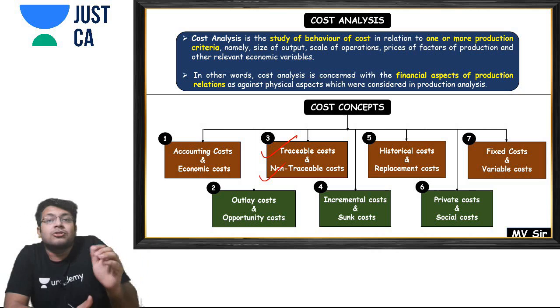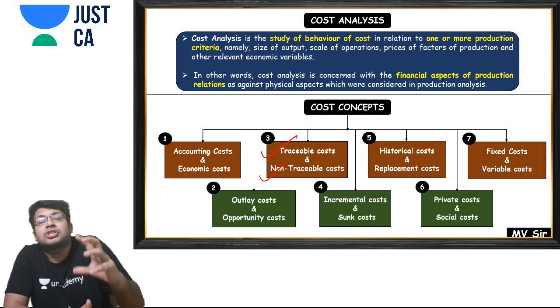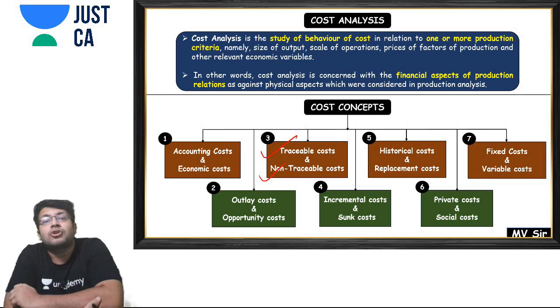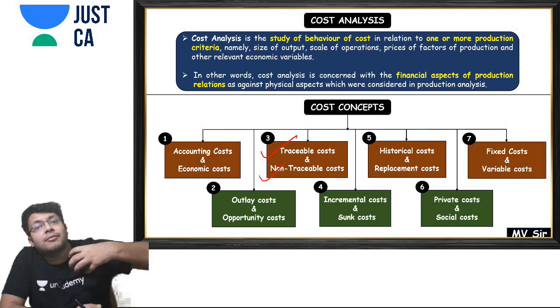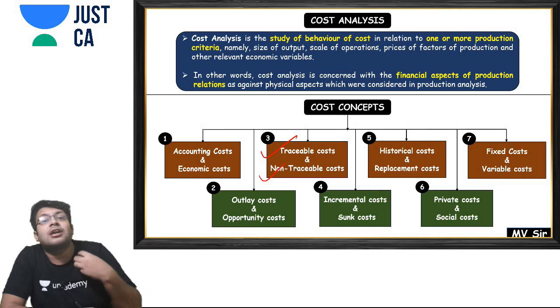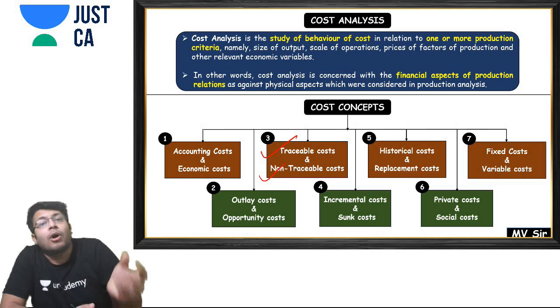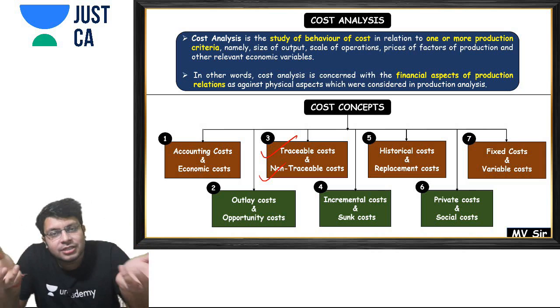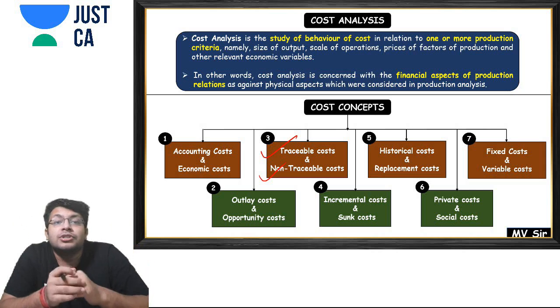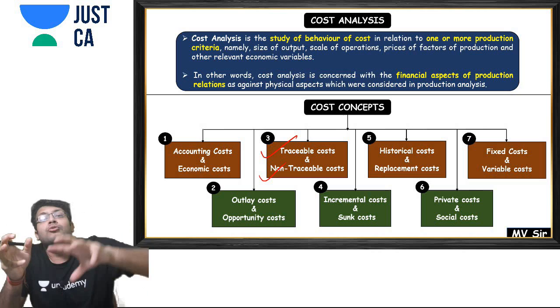If I can tell that, so those are called traceable costs or direct costs. Traceable cost or direct cost. So for example, if I have a shirt manufacturing factory, what will happen over there? I will obviously manufacture or produce shirts. Now I'll use cloth to make shirts.